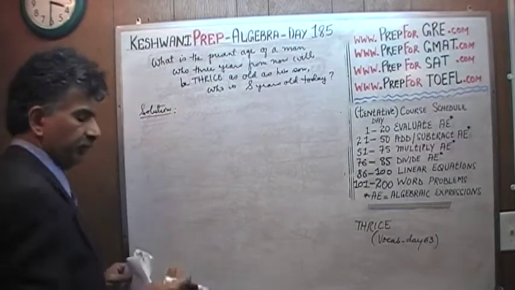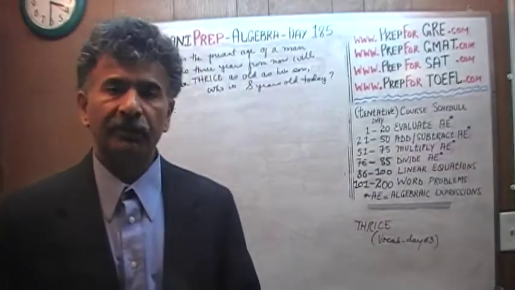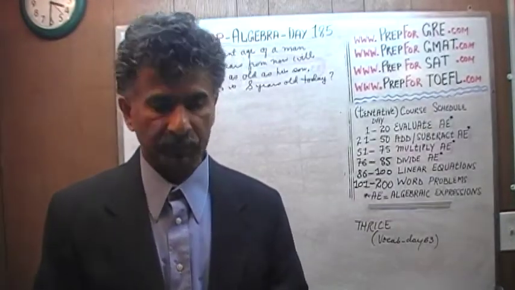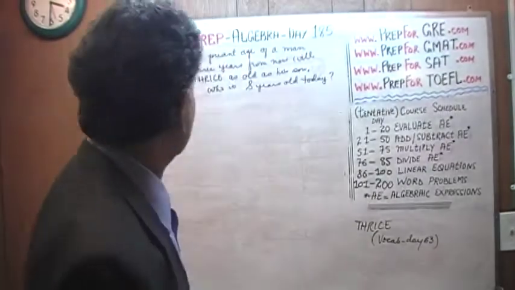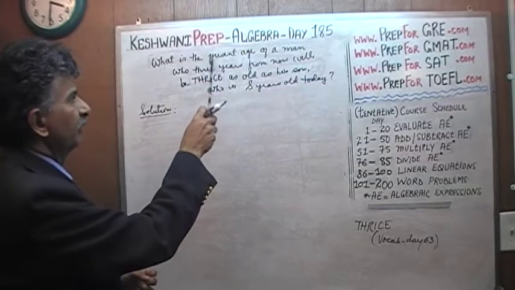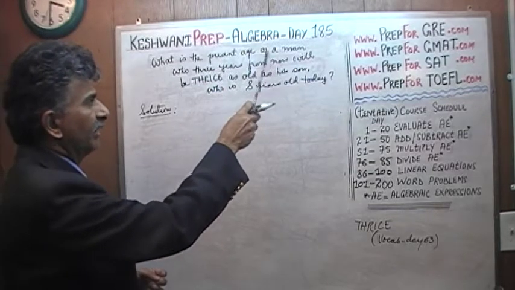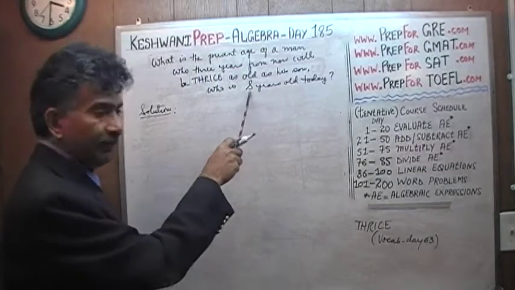The very first thing we need to understand here is what is the known quantity and what is the unknown quantity. We are being asked, what is the father's age? The present age of the man, the father. Everything else, the son's age, is given.